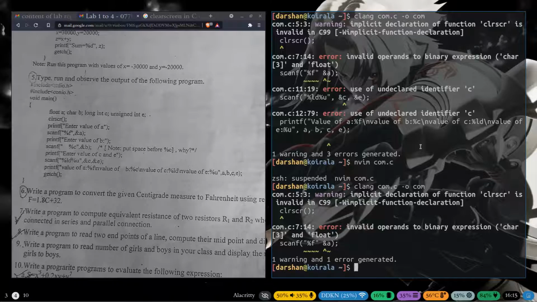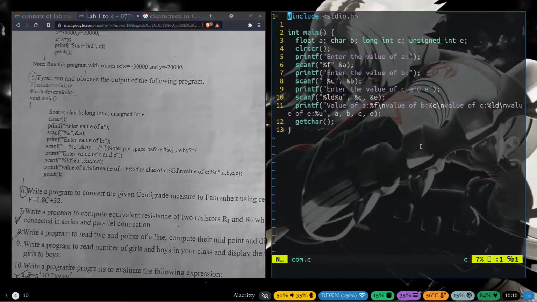Okay, the clrscr is just provided by the system, right? So what is happening, I'm just copying the thing and it is not working. %ld %u, C, E, 7th line. Let me look at that.